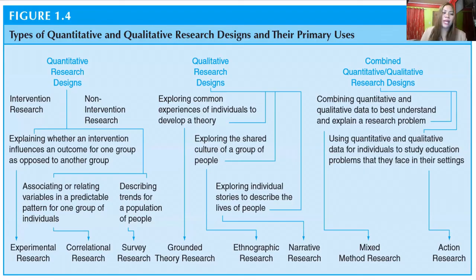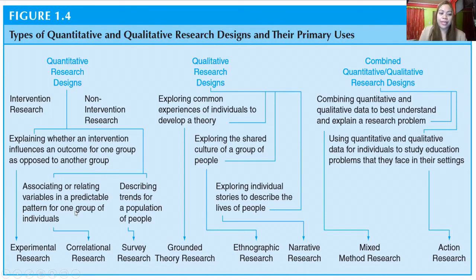Okay, in terms of qualitative or quantitative research designs, we dwell more on what we call intervention or non-intervention research. How do we do that? And how do we choose the appropriate methodology or design? When our purpose is to explain whether an intervention influences an outcome for one group as opposed to another group, then we use experimental research.